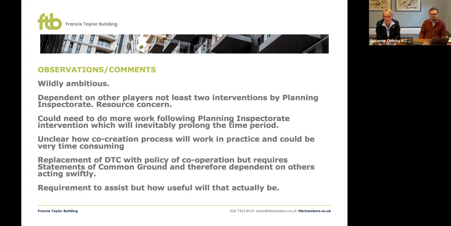More work could be required by those gateway assessors, which doesn't seem to really have been allowed for in the time period. And it's quite unclear, it seems to me, how the co-creation process will work in practice. Could be very time consuming, and also we all know that these stakeholder bodies are not always that quick in responding because they've got their other responsibilities and obligations.